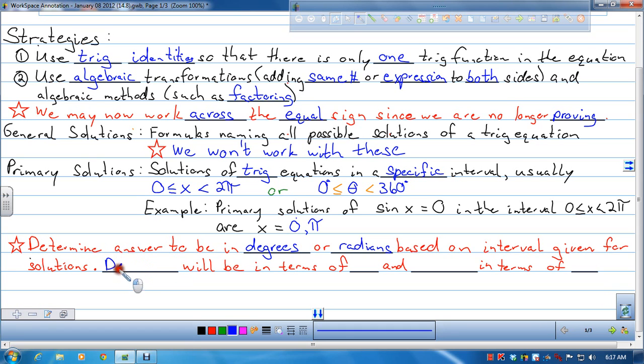So for degrees, our variable is going to be the Greek letter theta, and for radians, we will have a variable of x. Okay, so depending on what is contained within the specific problem, then you'll know whether to give your answer in degrees or radians.